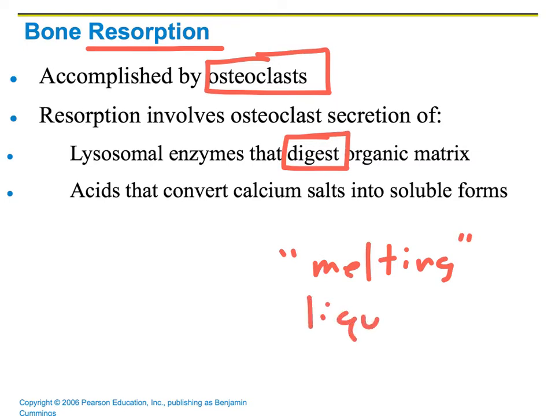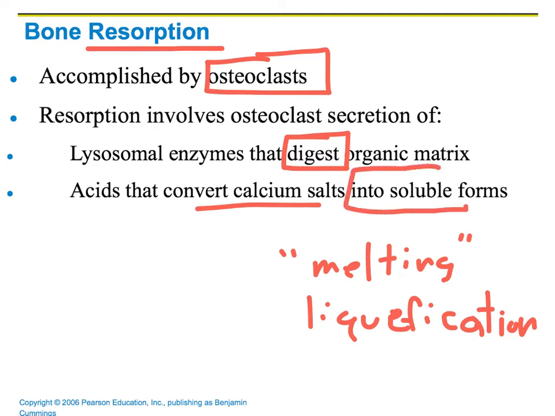Liquefaction, I spell that, liquefaction was also used. All these imply that the matrix, the calcium deposits, has been dissolved into soluble form. Dissolved is another term here.